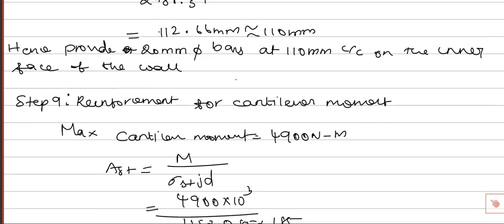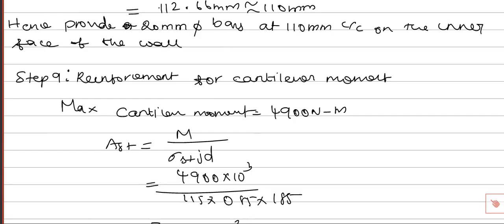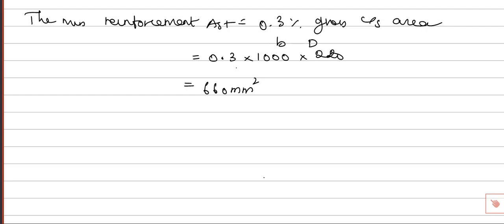So what is the AST required to resist this moment? 270 mm square is enough to resist 4900 Newton meter. So what is the minimum reinforcement we have to provide? 660 mm square.